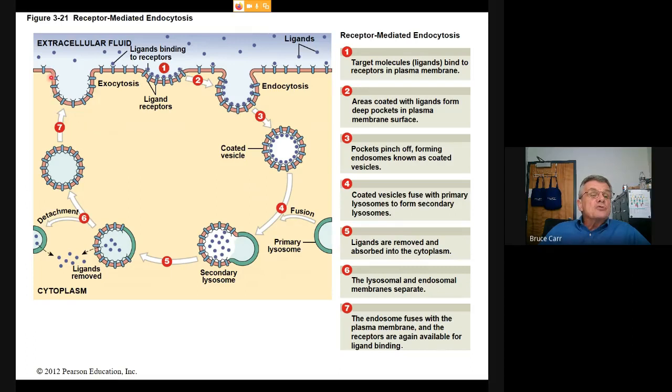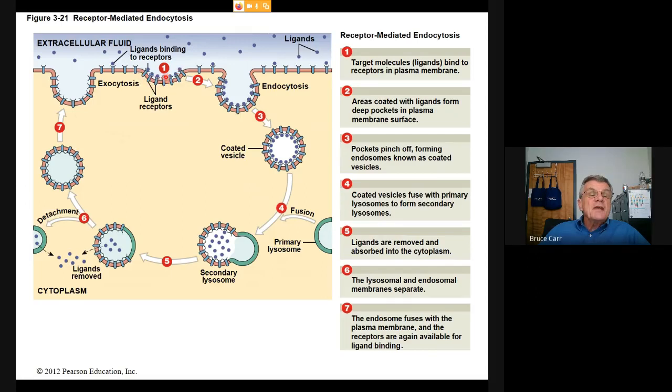And you'll notice these receptors that are mounted facing out. If they're facing out, then the binding molecule, called here a ligand, can bind these receptors. When enough receptors bind, then ATP is expended and fibers form to fold this membrane in.